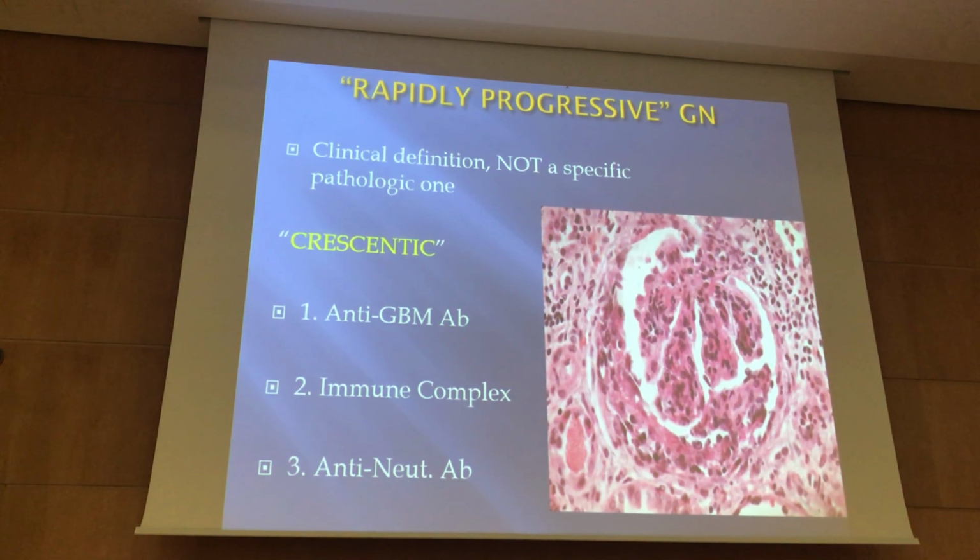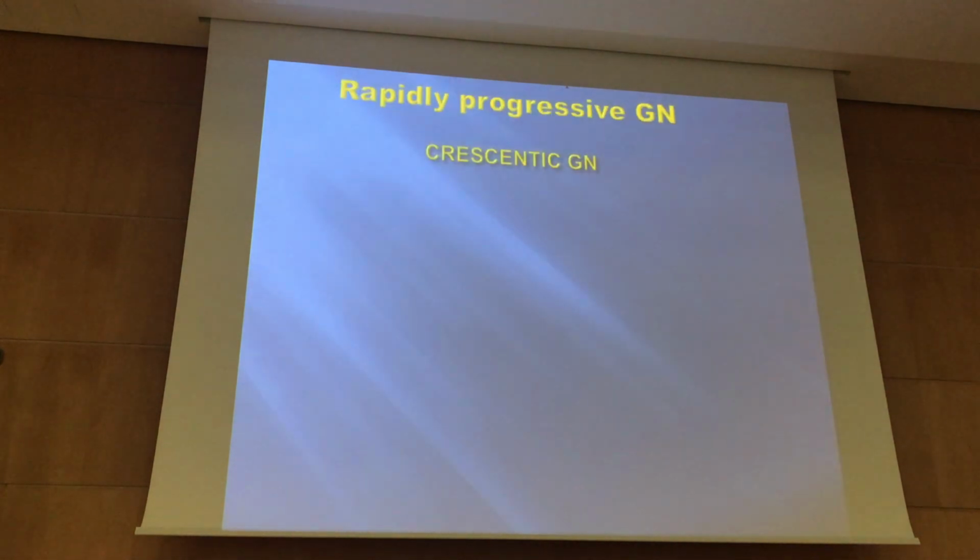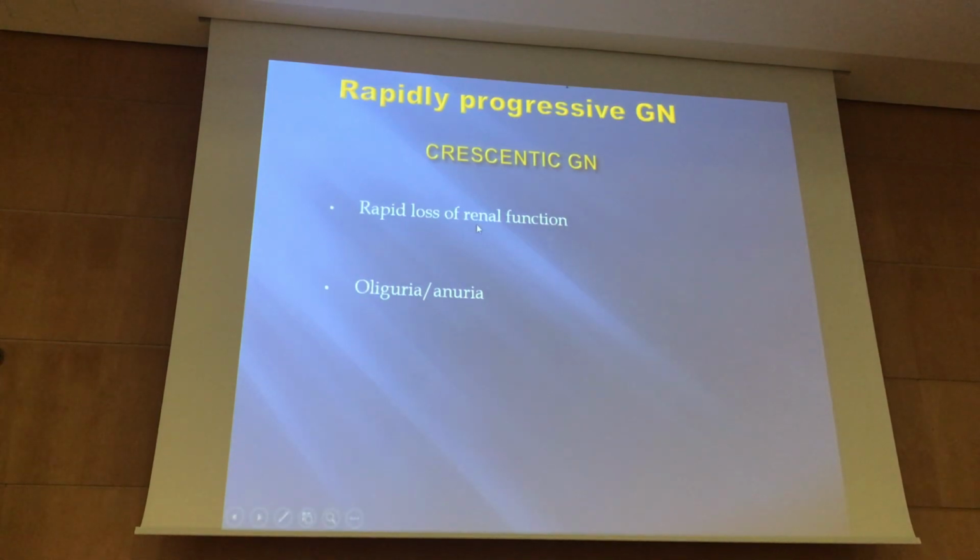Number one, number two, yeah, and Churg-Strauss, right? So we have P-ANCA and C-ANCA, two important ones. So in these patients we have rapid loss of renal function, deterioration, oliguria to anuria.